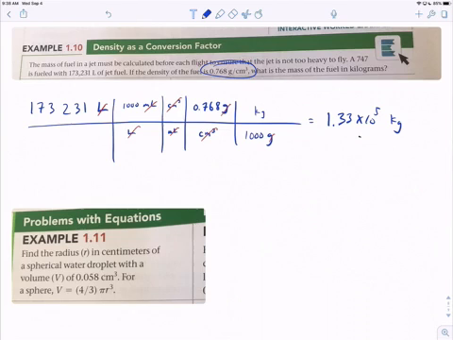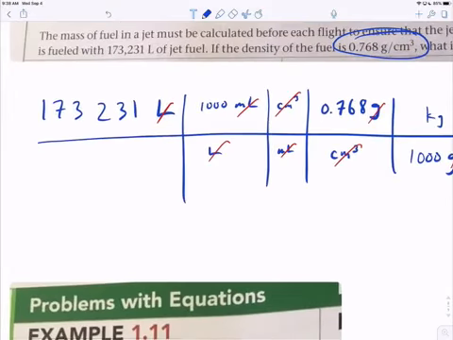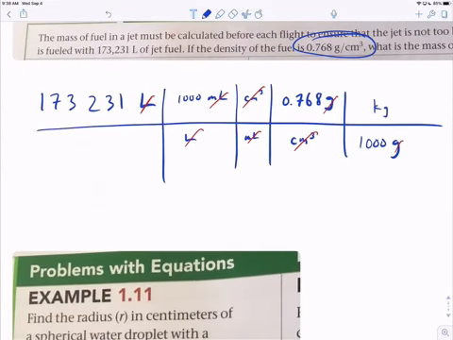All right, so recap. Let's look at this one. We have 173,231 liters of fuel. What's the mass in kilograms? We know the density is 0.768 grams per cubic centimeter.